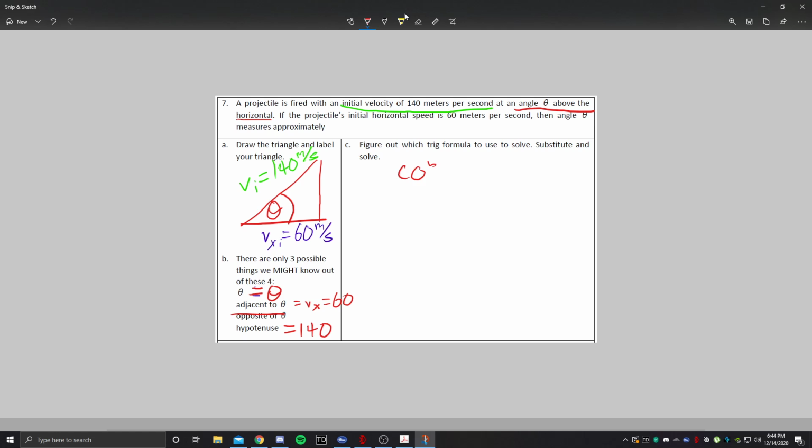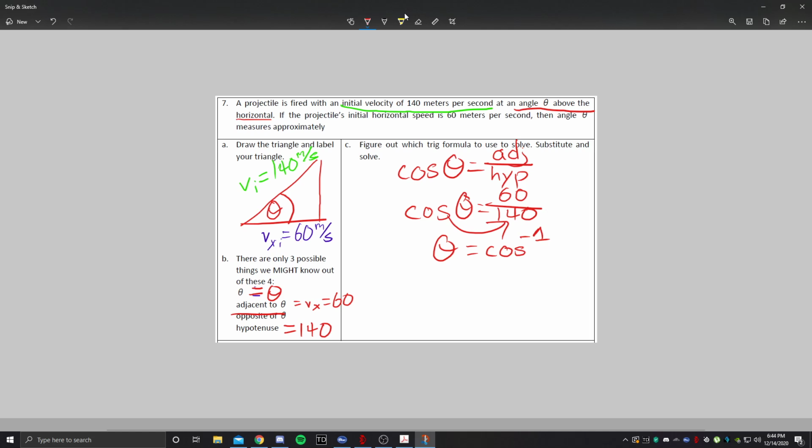We're going to use cosine again. Cosine theta is equal to adjacent over hypotenuse, which is 60 over 140. Usually math teachers tell you that when you move the cosine to the other side, you have to inverse it.